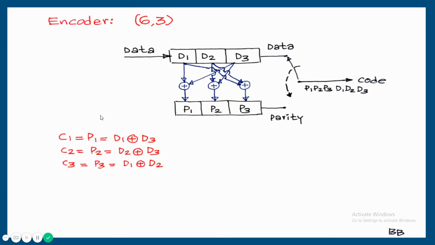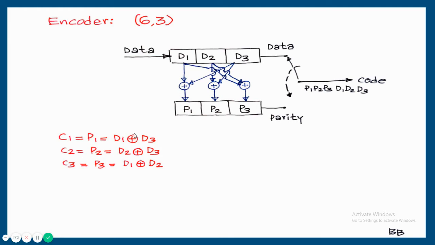This is the 6, 3 encoder block diagram. For a 6, 3 code, 3 data bits are needed to generate 3 parity bits. So the 3 data bits are D1, D2, D3. There are 3 single bit registers receiving the first 3 data bits, storing D1, D2, D3.